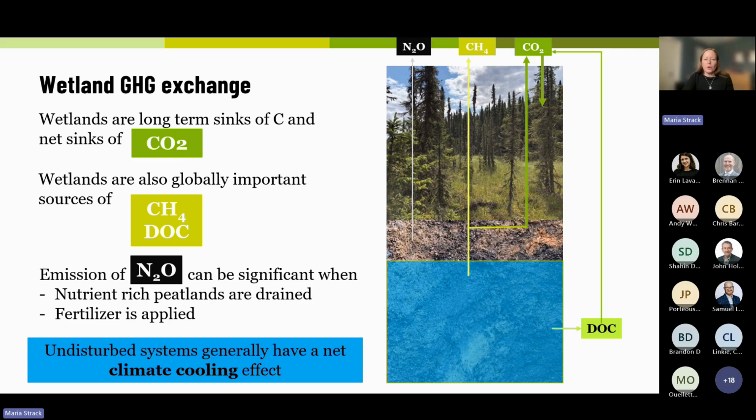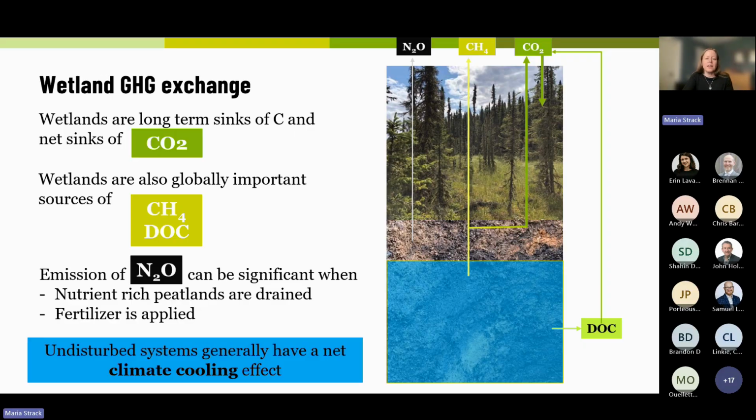So we already know that they're storing all this carbon, and that's because through photosynthesis, the plants are taking up CO2, but then most of that is being stored in the soil in the long term and not being released back to the atmosphere. And so we know then that wetlands are these long-term sinks of carbon, and predominantly that means they're net sinks of carbon dioxide.